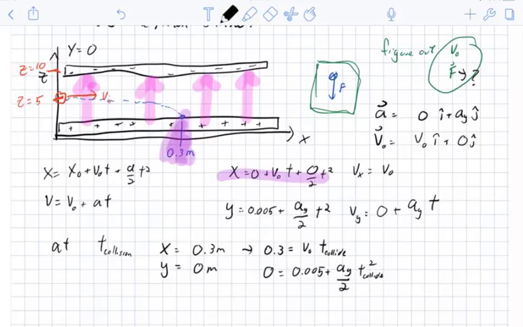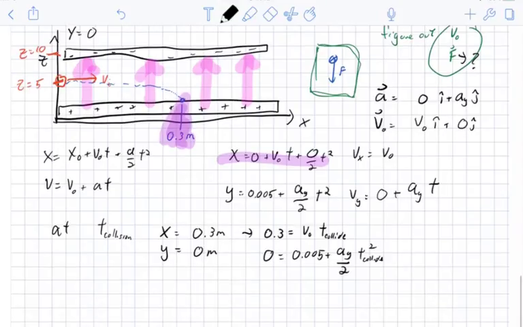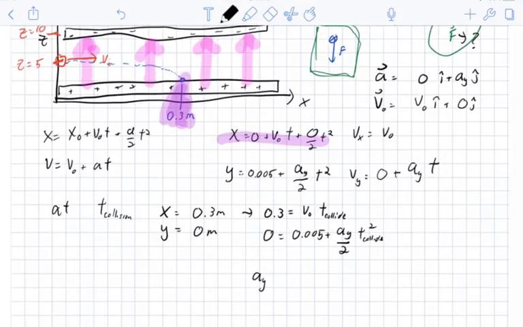My guess is that completing this question involves solving for ay in terms of v naught.